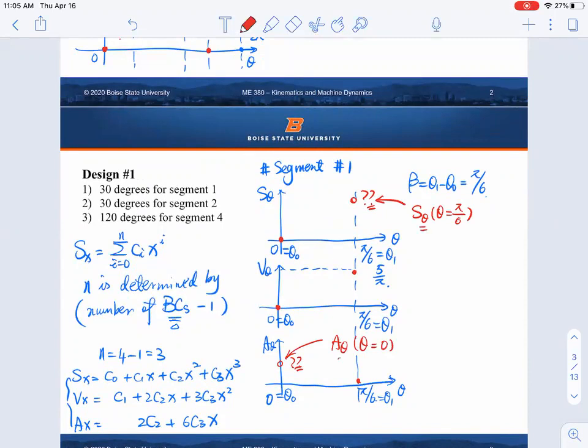Remember, these S theta and A theta are the solutions for segment 1. Basically, they are the solutions you just got. And then I'm going to give you the information directly. That's 5 over 9.